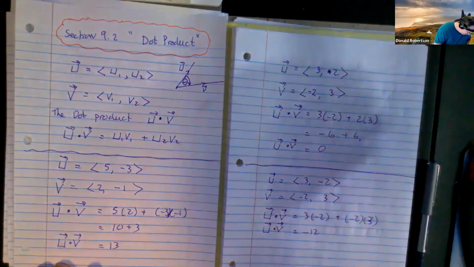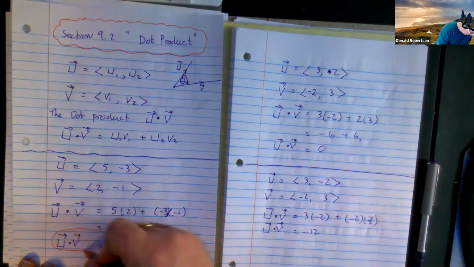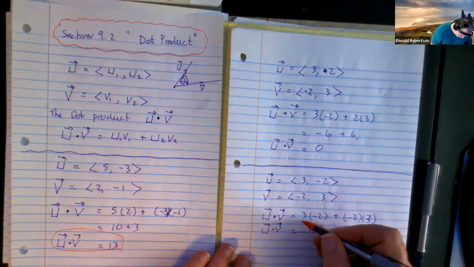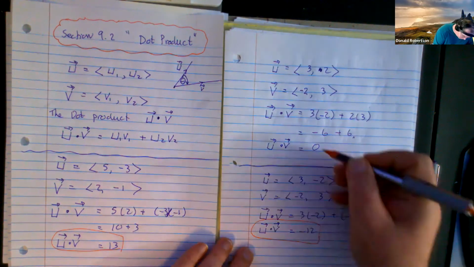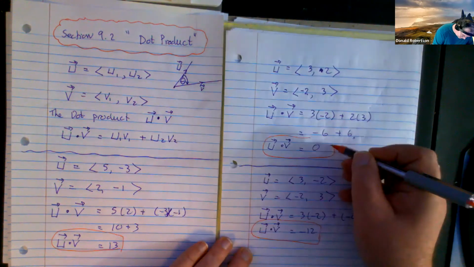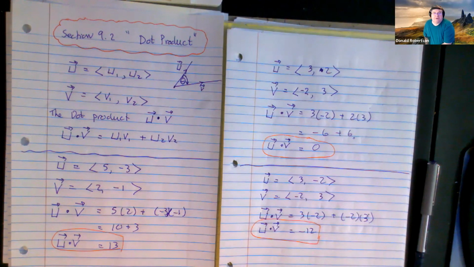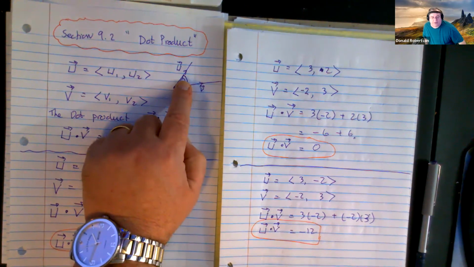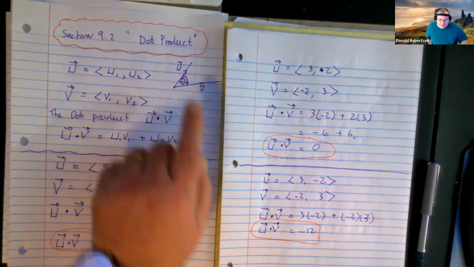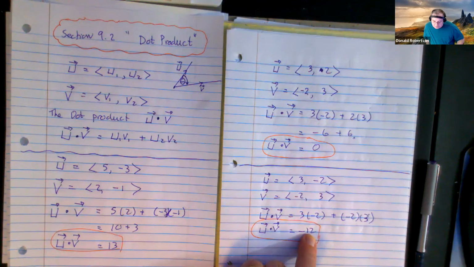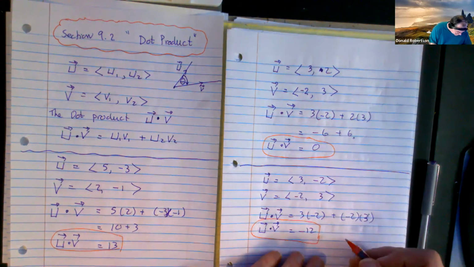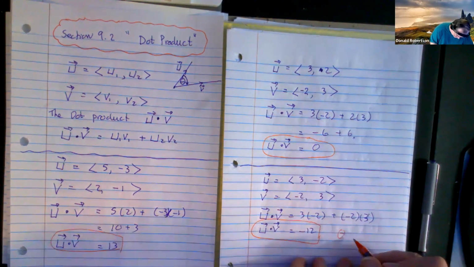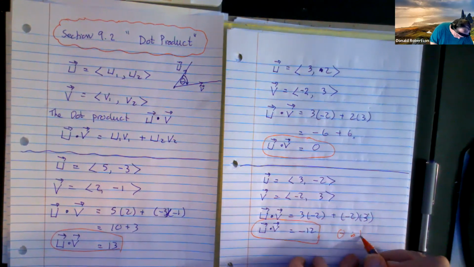What this shows us is that a dot product can be a positive number, it can be a negative number, and it can also be 0. The value of a dot product can give you information about how big this angle is. If the dot product is a negative number, the angle theta is bigger than 90.